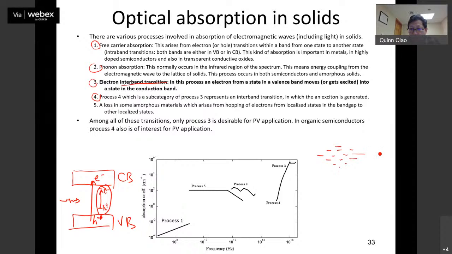The electron will hop like this, hopping like that. That is number 5, hopping inside the band. The first one, free electron absorption, is from one state to another state within a band, for example.